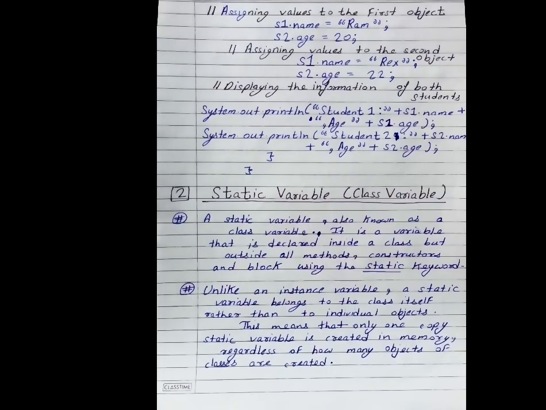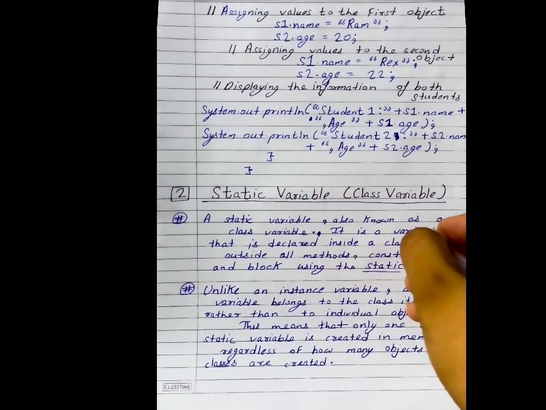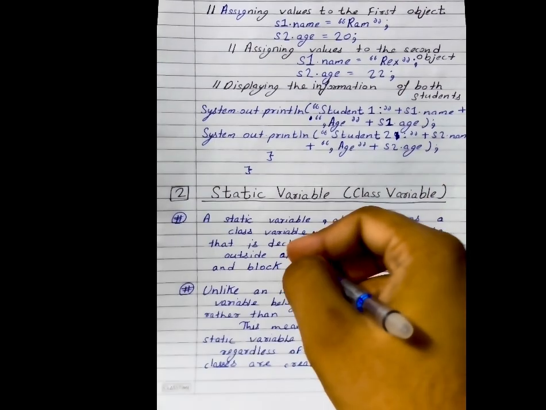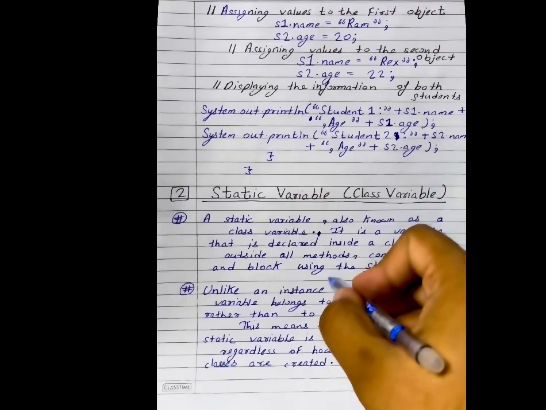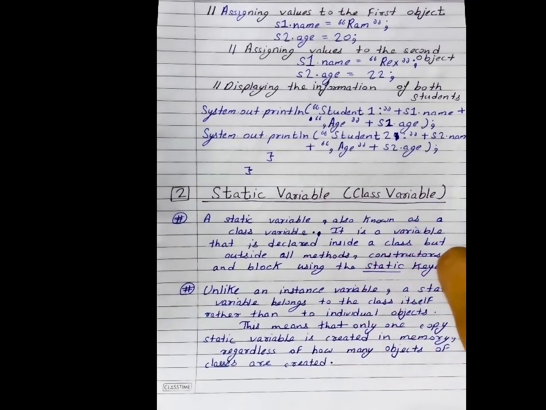So a static variable, also known as a class variable, is a variable that is declared inside a class but outside all methods, constructors, and blocks using the static keyword. Remember that. And unlike an instance variable, a static variable belongs to the class itself rather than to individual objects.